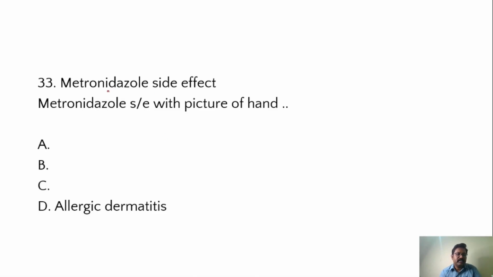So next, coming to the next question. This was an incomplete question which we gathered from different platforms. Metronidazole side effects were asked, with a picture of a hand shown. Usually metronidazole causes side effects like a metallic taste.